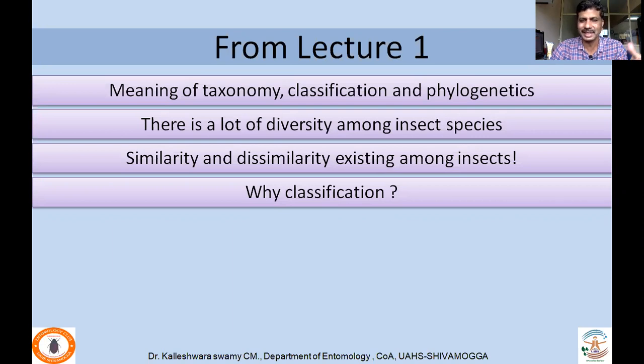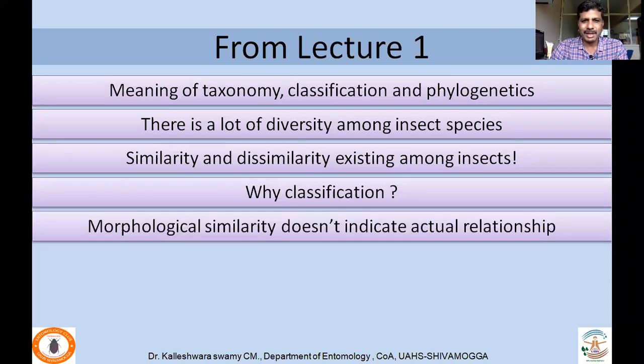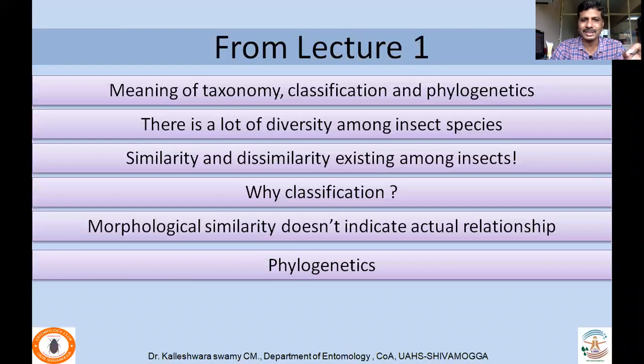I took a few insect examples, arthropod examples, as well as the library example, wherein the books are dumped. How are you going to classify, and why is classification important? Morphological similarity does not indicate actual relationship. So we have a very important character to be considered, which is actually phylogenetics, so that the natural classification is actually performed.